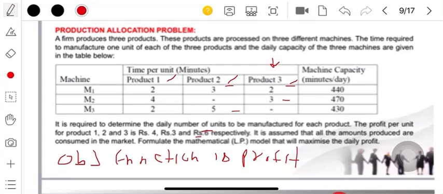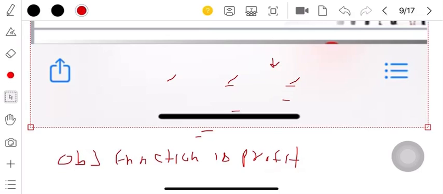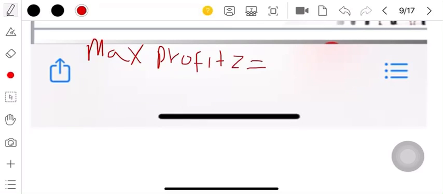Okay, so here I can show you. What will be the maximize profit? Maximize profit Z equals to what will be profit? We are producing x1 units of product 1, x2 units of product 2 and x3 units of product 3. So what will be the total profit?